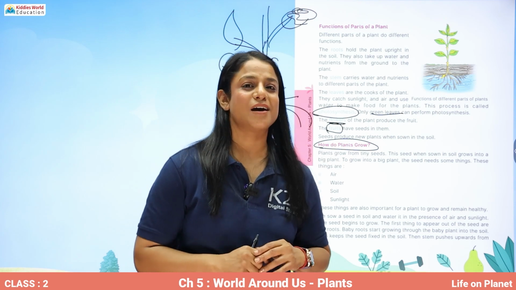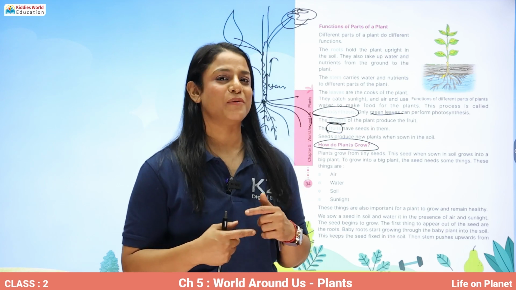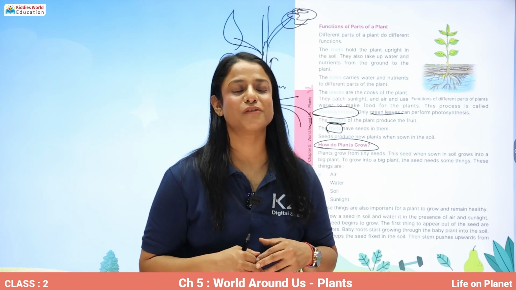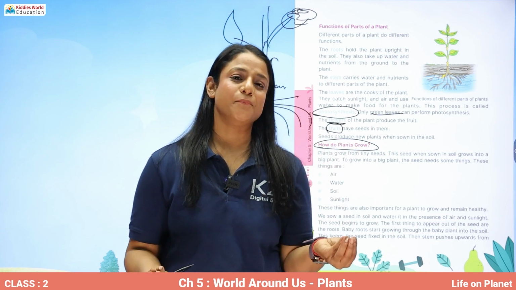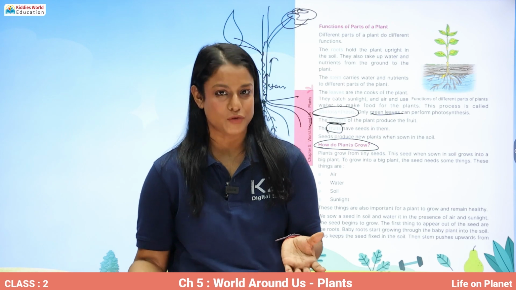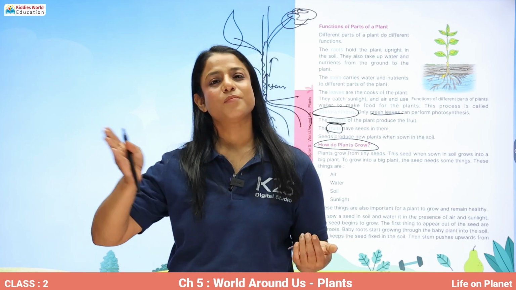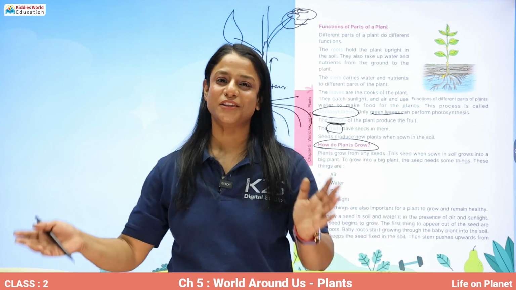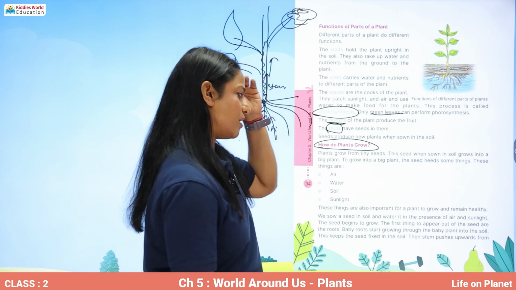And when the leaves come, they start preparing food for the plant. And when they start preparing food, the plant starts growing. Then they bear flowers, and eventually the flowers become fruits. And the seeds of the fruits are sown again to grow a new plant. And this is the life cycle of the plant.